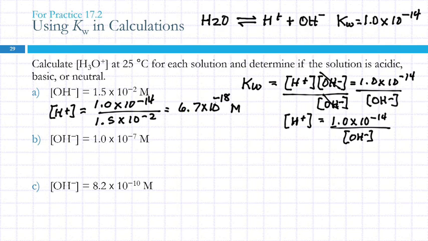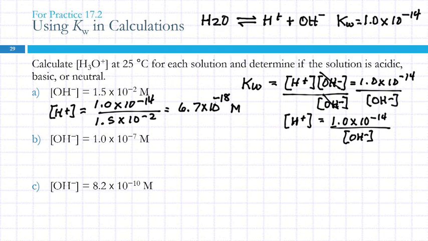Yes? I'm getting 6.7 times 10 to the negative 13. Thank you. What is wrong with me? This time I divided by 1.5 times 10 to the 3. It is. It's a Monday. Okay.